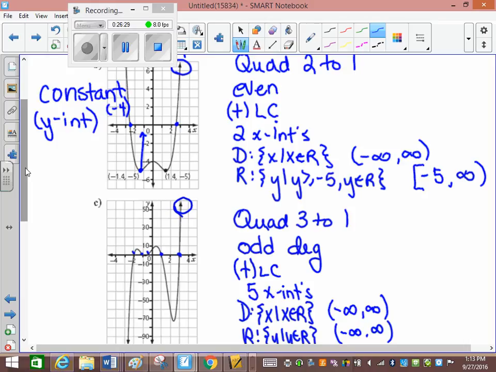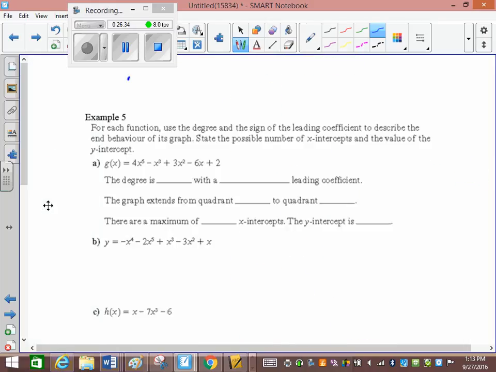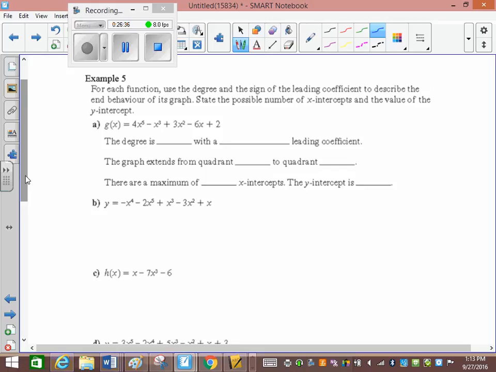Now flip over. For each function, use the degree and the sign of the leading coefficient to describe the end behavior of its graph. Then give the possible number of x-intercepts and the value of the y-intercept. So the degree of this is 5, with a leading coefficient, positive or negative?